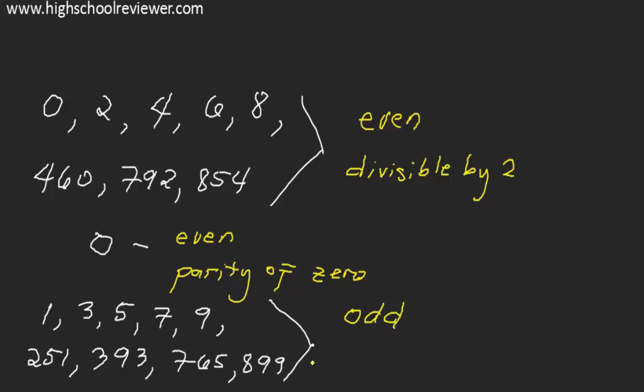Now, why are they not even numbers? Why are they odd numbers? Because they are not divisible by 2. So again, all even numbers are divisible by 2. 0 is an even number because of the parity of 0. And all odd numbers are not divisible by 2.